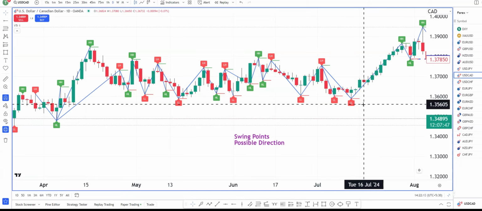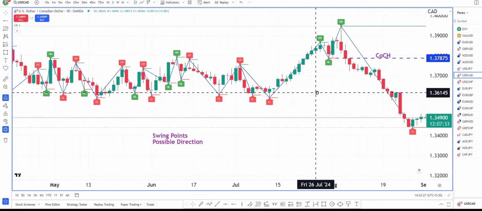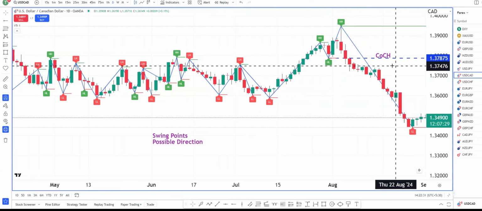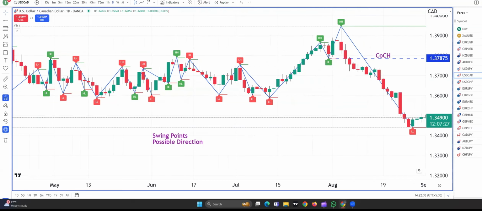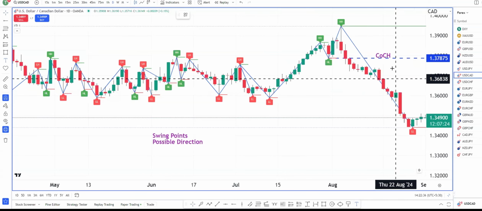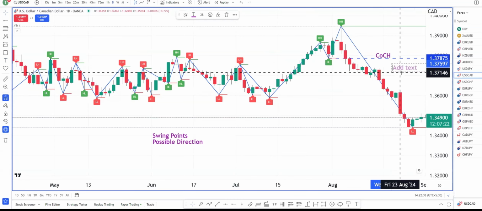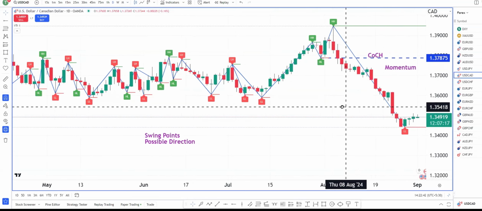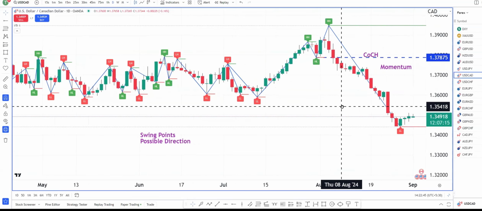Now, when the possible directions have been given, you need additional data to see if this change of character is going to sustain. If the change of character has to sustain, then you also need momentum in that particular direction.